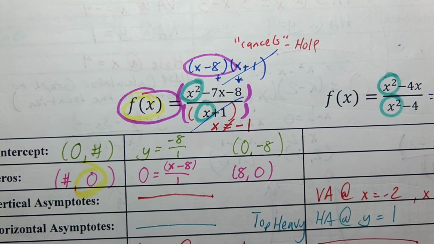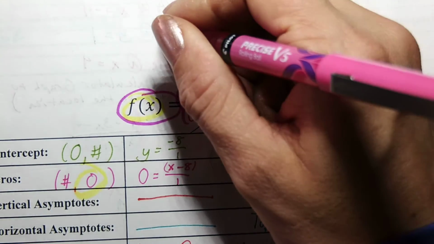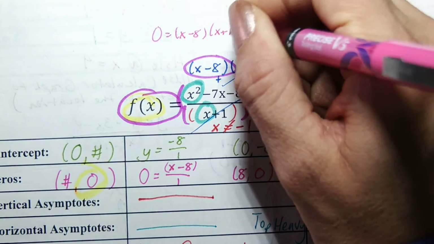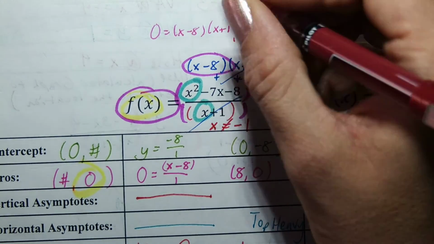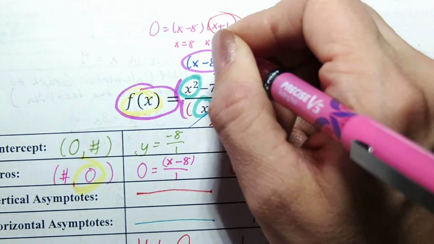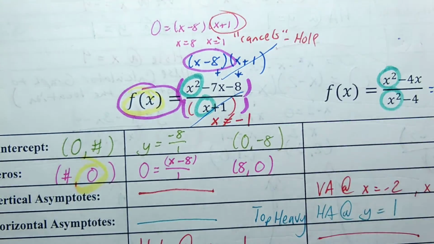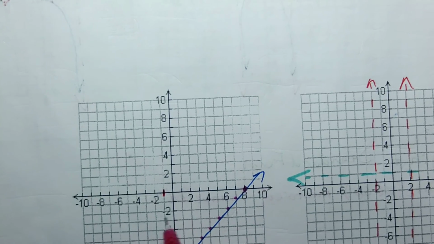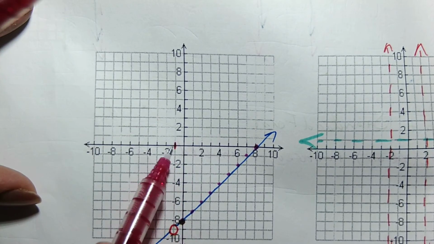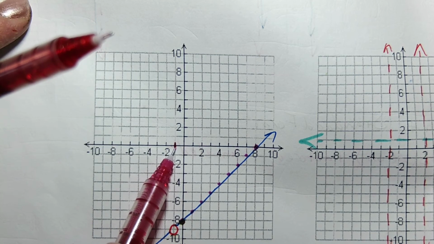Now, if we hadn't used the canceled equation, we would have gotten 0 equals x minus 8 times x plus 1. But then we get x equals 8 and we get x equals negative 1. But when I go to plot negative 1 as an x-intercept, does negative 1, 0 jive with this graph?